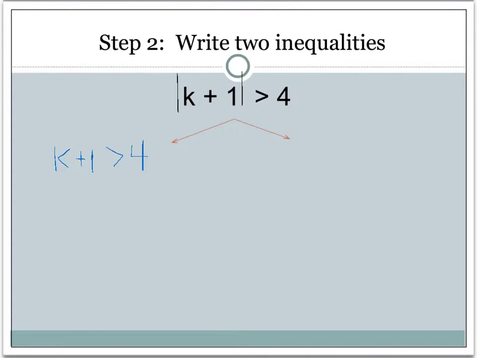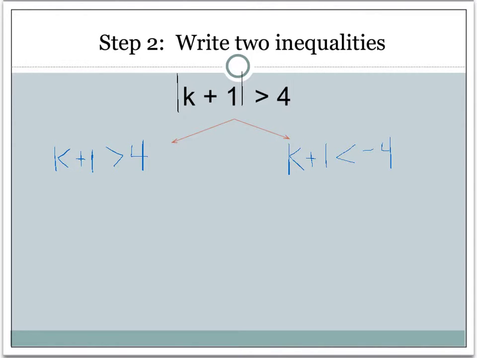For the second inequality, you also drop the bars, but this time the inequality symbol flips, so it becomes a less than, and the 4 becomes the opposite, which is -4. The answer becomes the opposite.